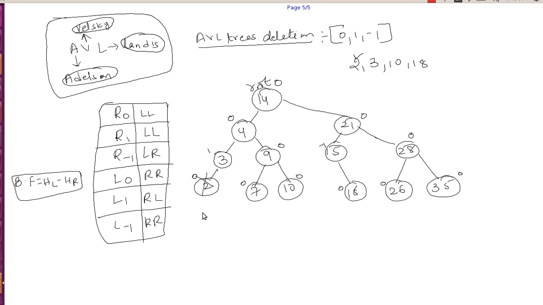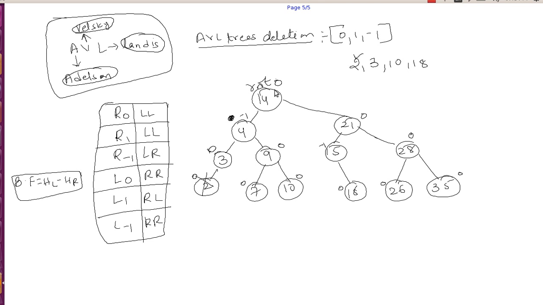Once you delete the element 2, calculate the balancing factor here. The balancing factor will be 0, because you don't have any nodes on the left and right hand side after deletion of 2. What will be the balancing factor here? One level on one side and two levels on the other. So 1 minus 2 is minus 1.